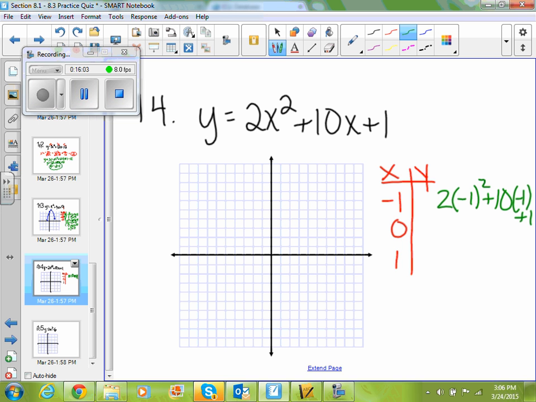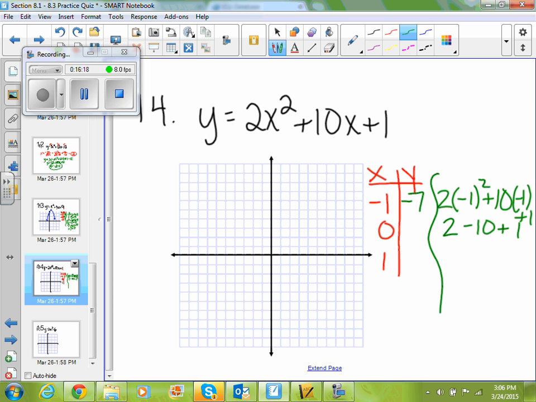1 times 2 is 2. 10 times negative 1 is negative 10 plus 1. So 2 minus 10 plus 1. Negative 7. Okay, if I plug in 0, 2 times 0 squared plus 10 times 0 plus 1.